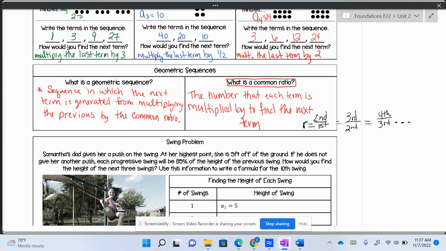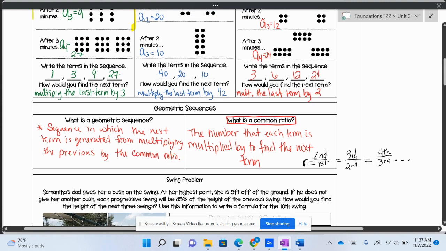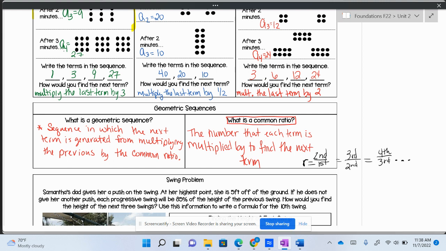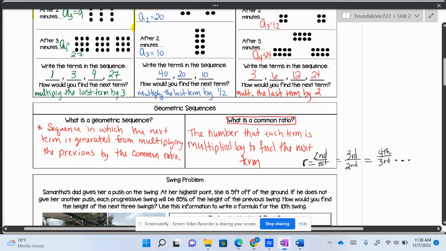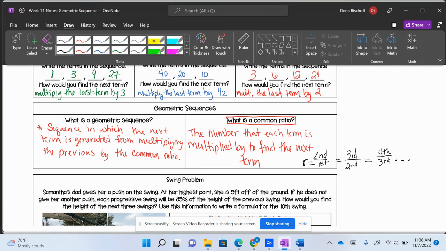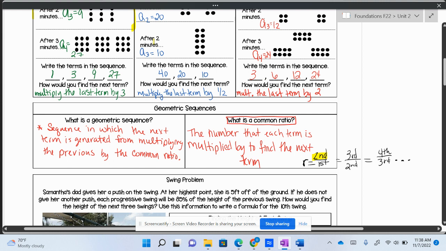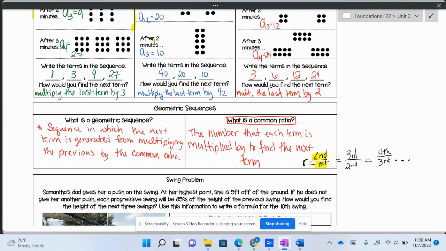So let's look at the red sequence, that last sequence that we talked about. R equals the second divided by the first, means 6 divided by 3 is what? If I were to take the second term and divide it by the first term, that's saying 6 divided by 3, right? And is that 2?